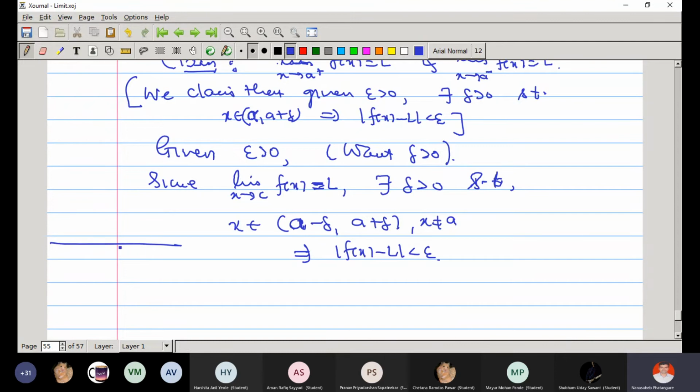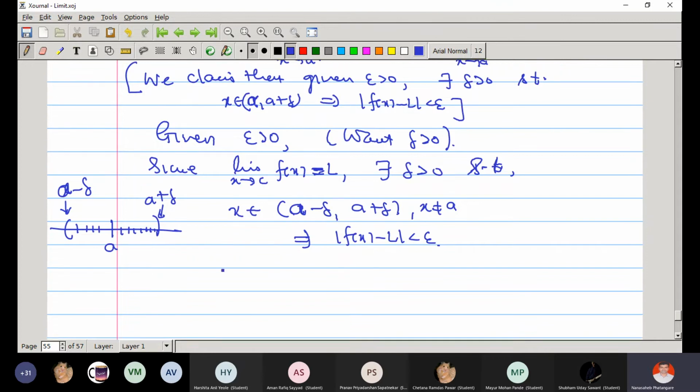So for every x in this range, |f(x) minus L| is less than epsilon.